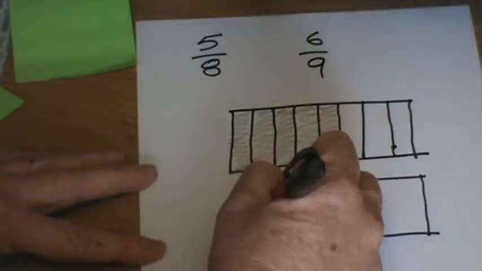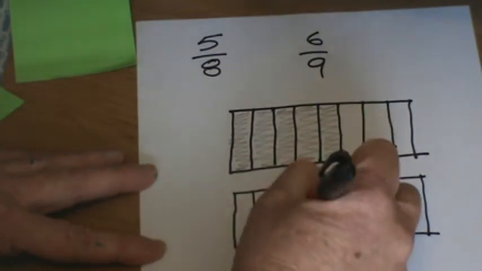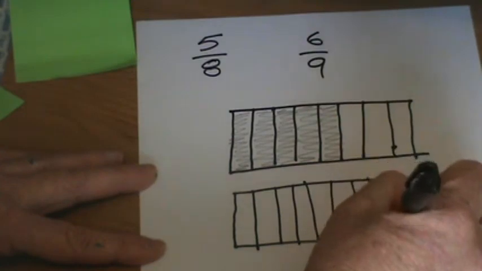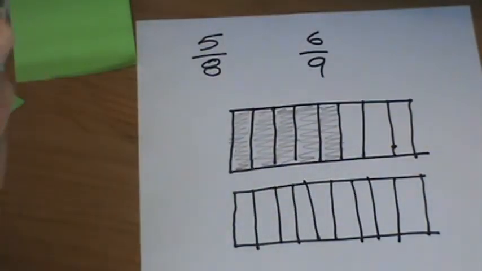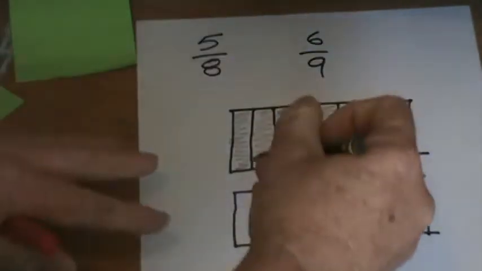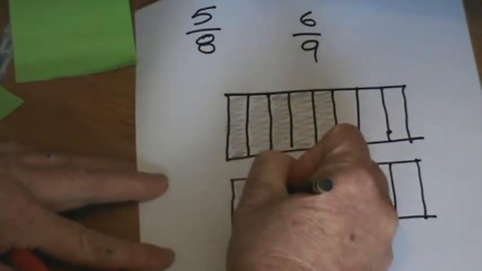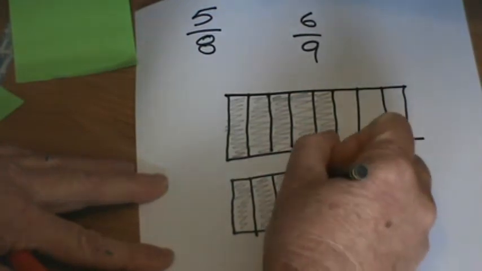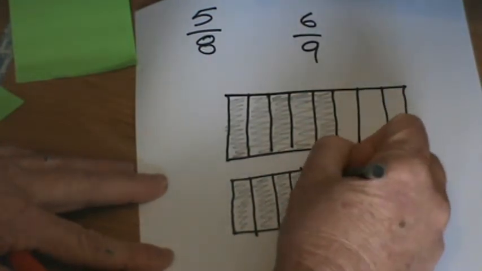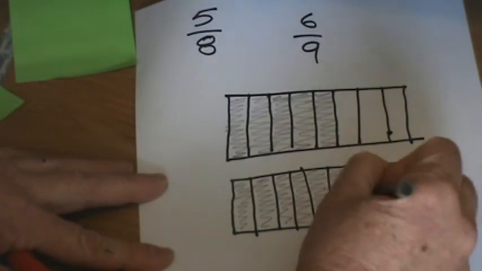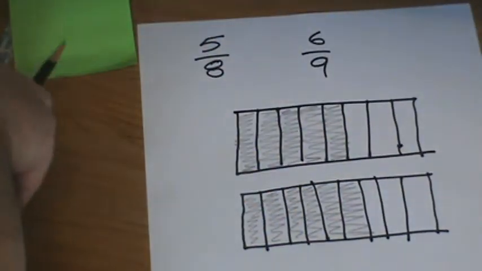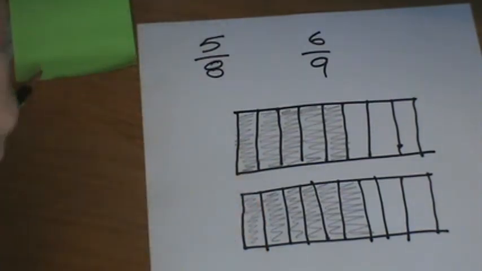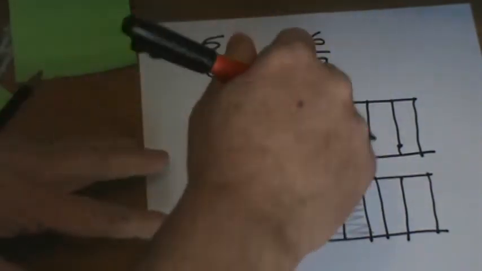And we'll go 1, 2, 3, 4, 5, 6, 7, 8, and 9. And we're going to color in 6 of these. Okay, 5/8 and 6/9.